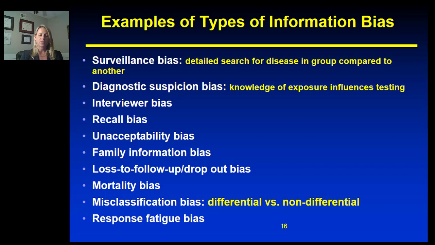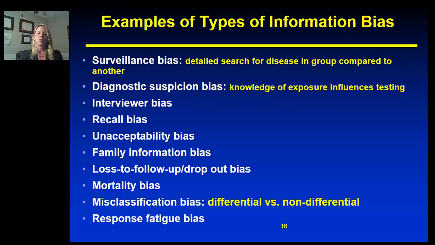There's also misclassification bias, and we've talked about this before. This is when we can have differential versus non-differential misclassification, and that can bias your measure of association away from or toward the null. The differential type is when there's a different type of information collected in one group. That's different from non-differential bias, when there's equal information collected from both groups.